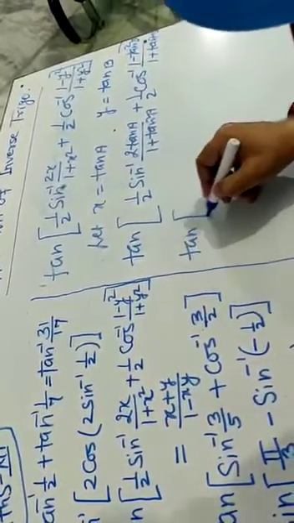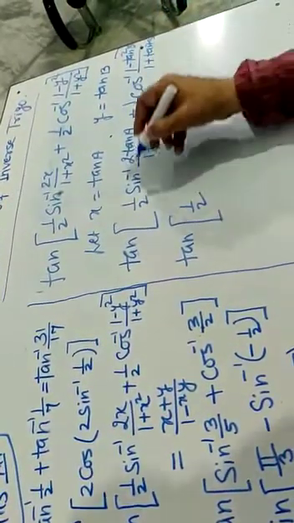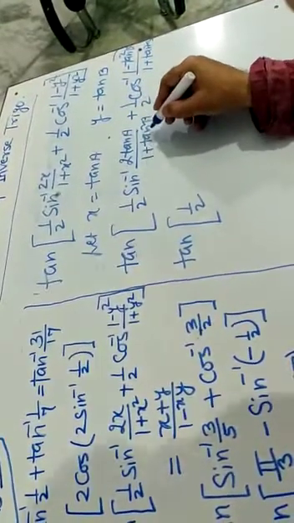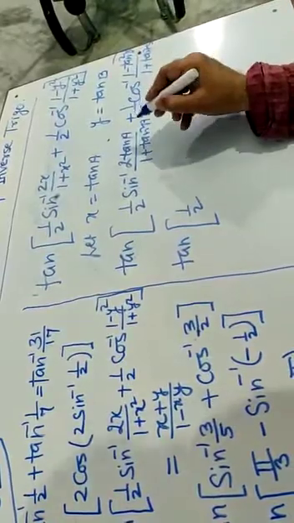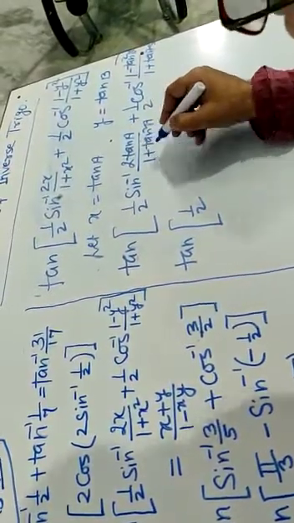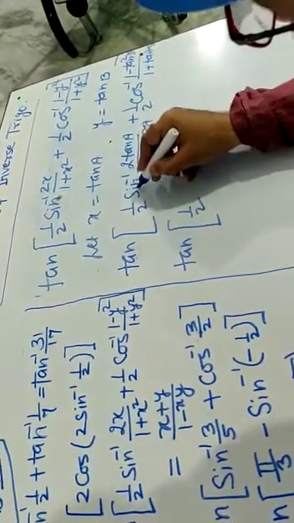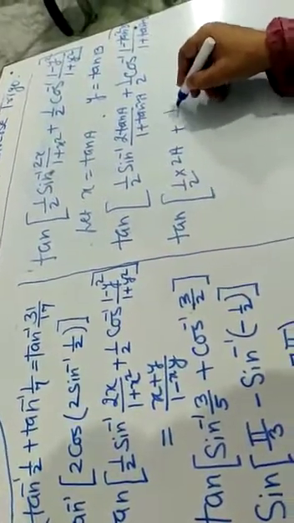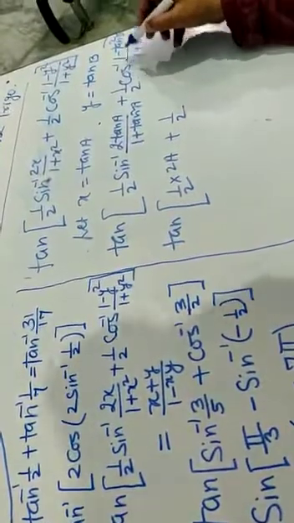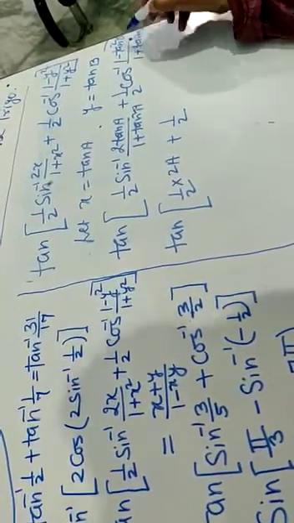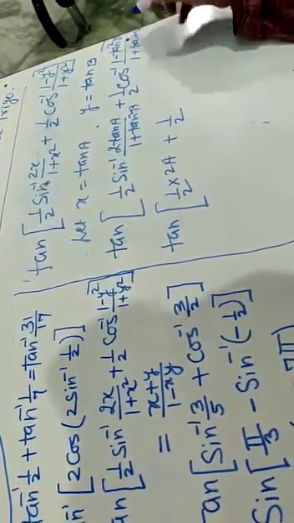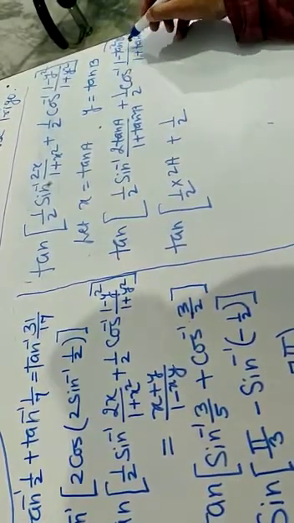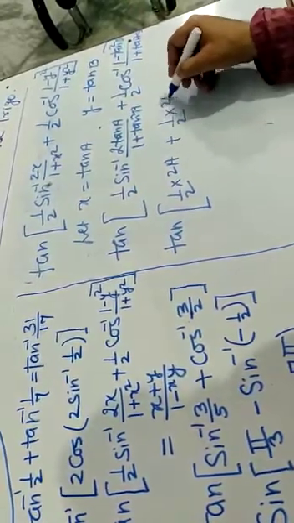Instead of 2 tan a by 1 plus tan squared a, you can write sin 2a, so sin inverse sin 2a is 2a. And (1 minus tan squared b) by (1 plus tan squared b) is cos 2b, so cos inverse cos 2b is 2b.